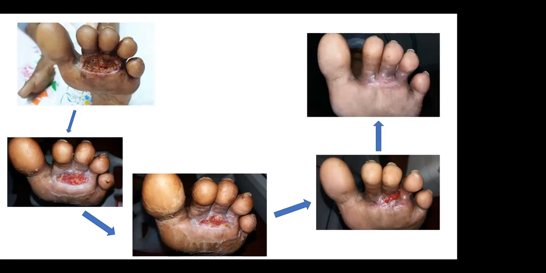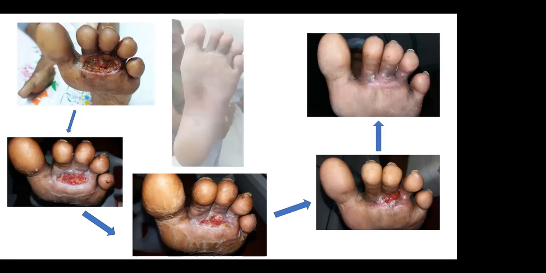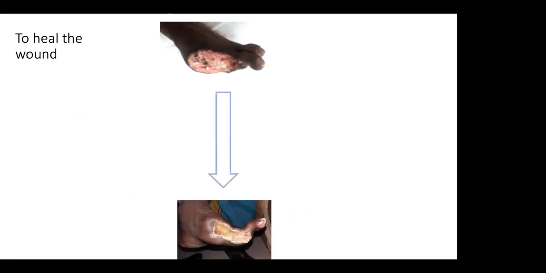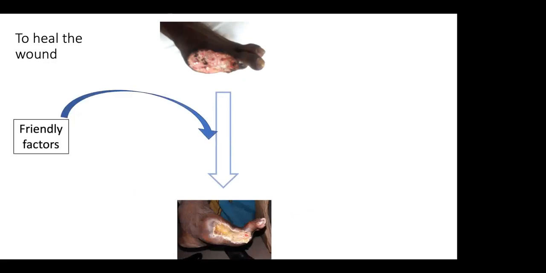But at the end of all of this, hopefully it should come to closure, and that is what we're trying to achieve. So the idea is to figure out how we can do this. For a wound like this, the aim is to get to a point like this where it has healed completely.